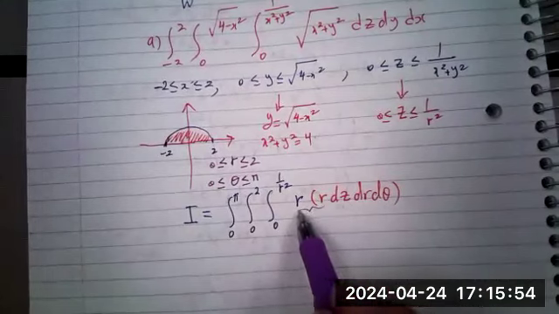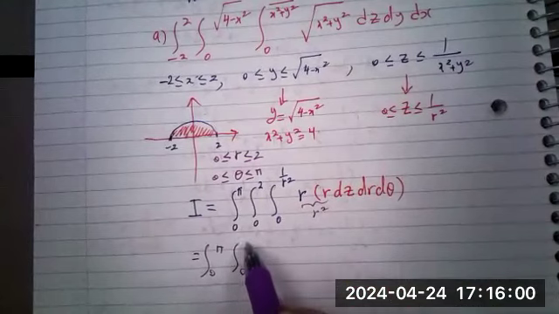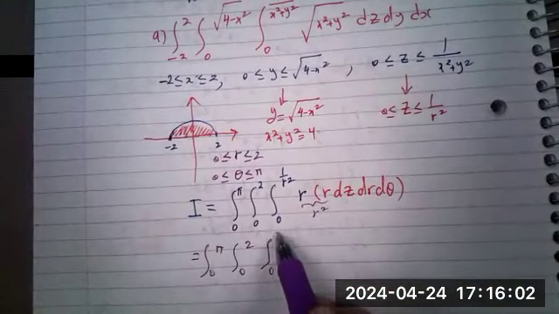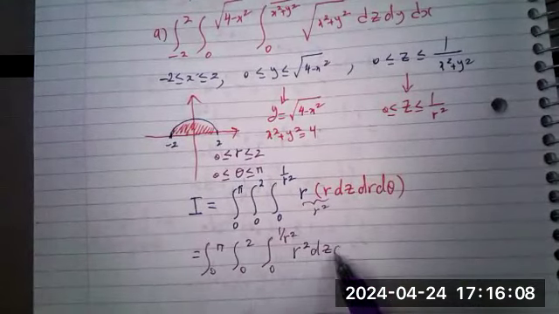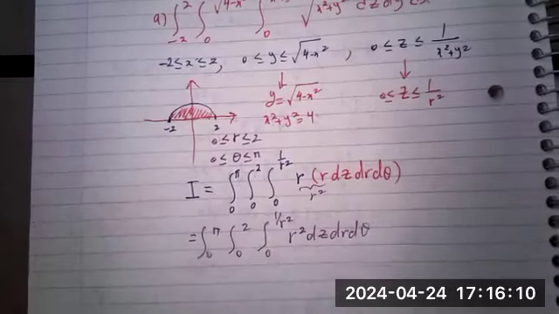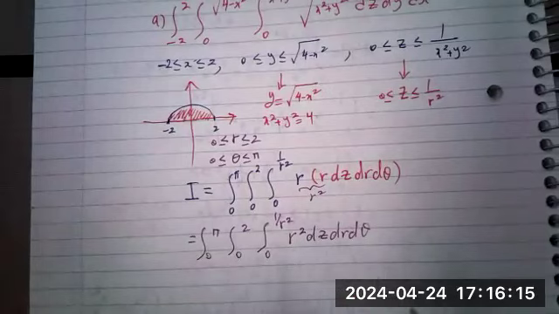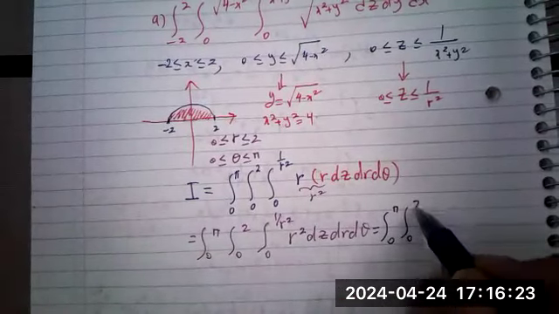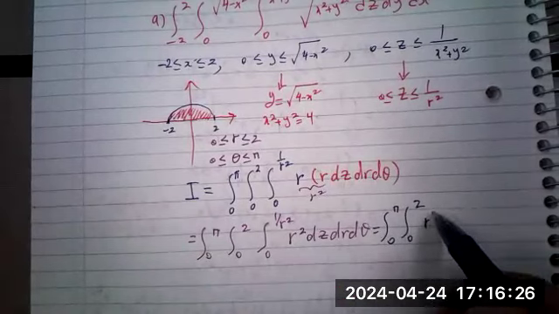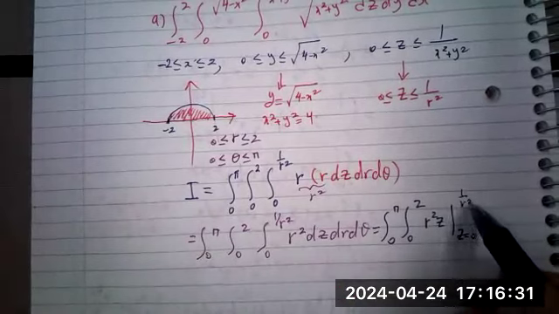That's it. An easy integral to apply. This would be r squared, and it keeps going. So it's 0 to pi, 0 to 2, 0 to 1 over r squared, then r squared dz dr d theta. Integrating with respect to z gives you r squared z, with z going from 0 to 1 over r squared.